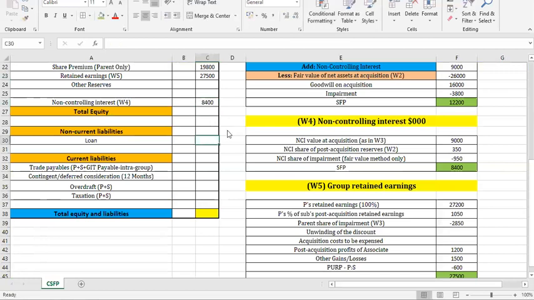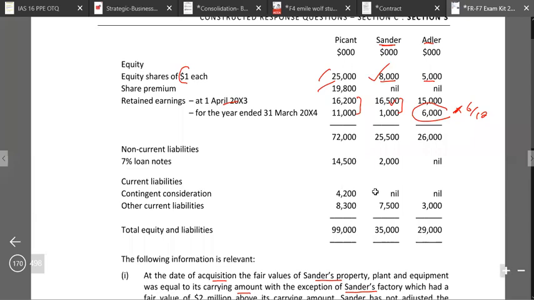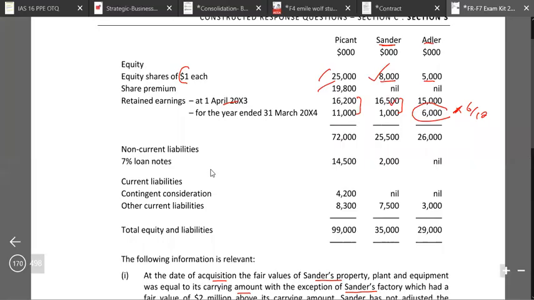And then you have the non-controlling interest, which was 8,400. Then you have the loan. Okay, let's go back. Yes, 14,500 plus 2,000. Okay, then you have trade payables. Okay, we have the other current liability.